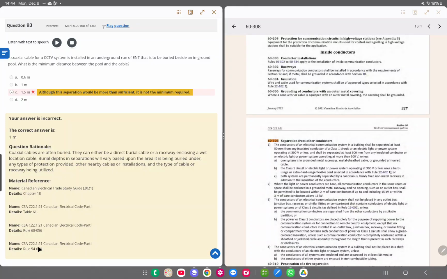Automatically, Rule 54-610 will send you to 68-056.